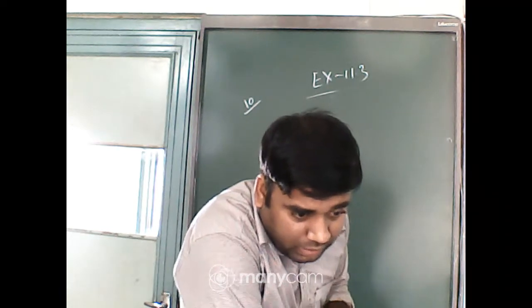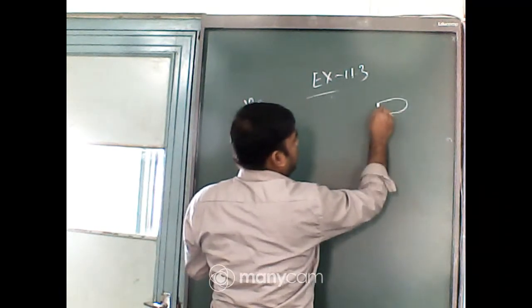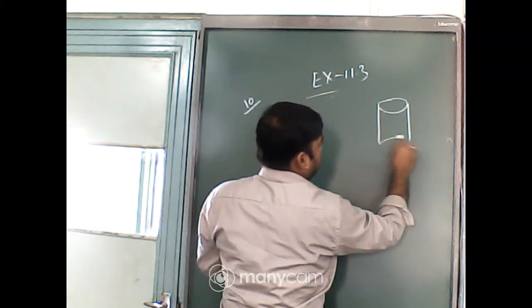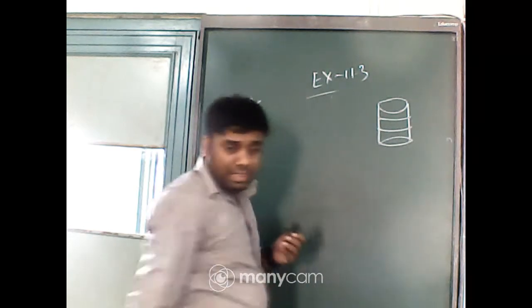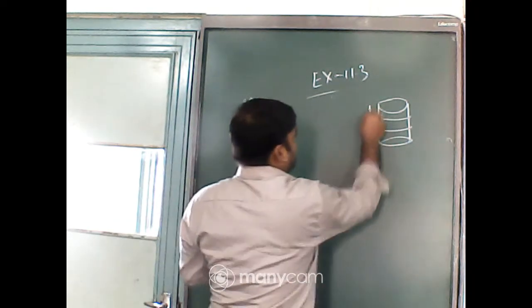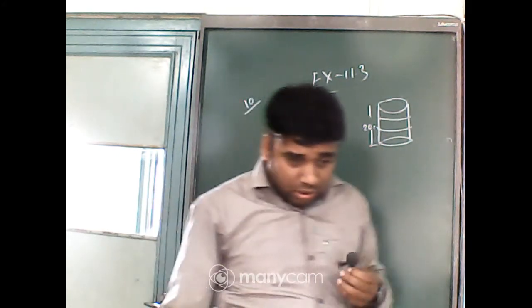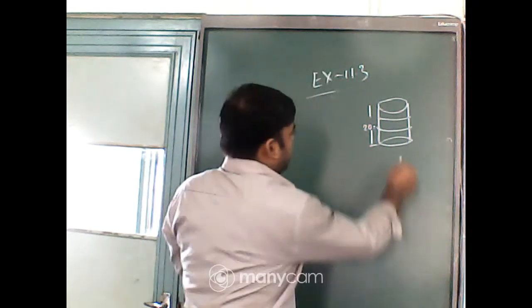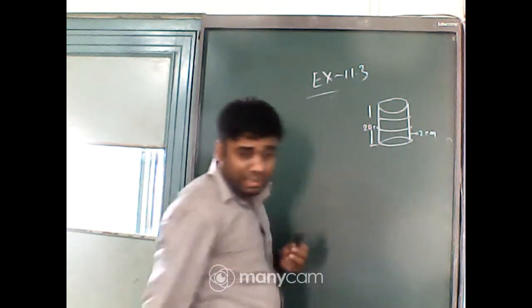So a container of cylindrical shape, total height that is 20 centimeter. And that length is 2 centimeter.